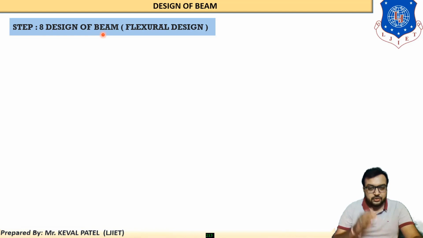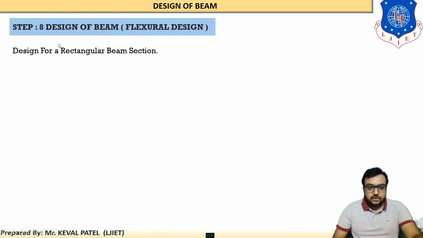You all know that a beam is a flexural member while a column is a compressive member. Sometimes in GTU it is also asked to design a flexural member. At that time you have to be clear in your mind that the beam is a flexural member, so in that example we have to design a beam.